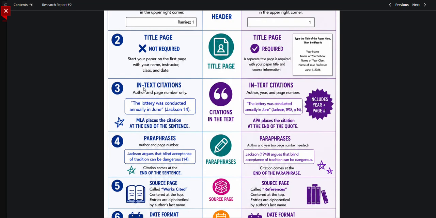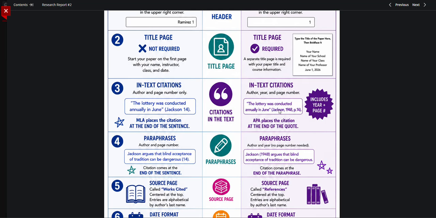Next, the differences in in-text citations. So in MLA, when you use a direct quote, such as this, you'll put the author's last name and then the page number where it came from in parentheses after the quote. In APA, you do the same thing, but APA is very specific about using dates and punctuation. Notice there's no punctuation in MLA, but there is punctuation in APA.